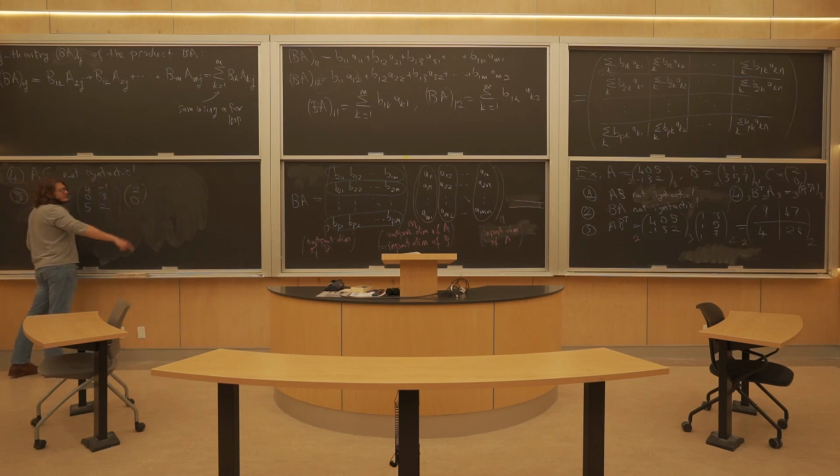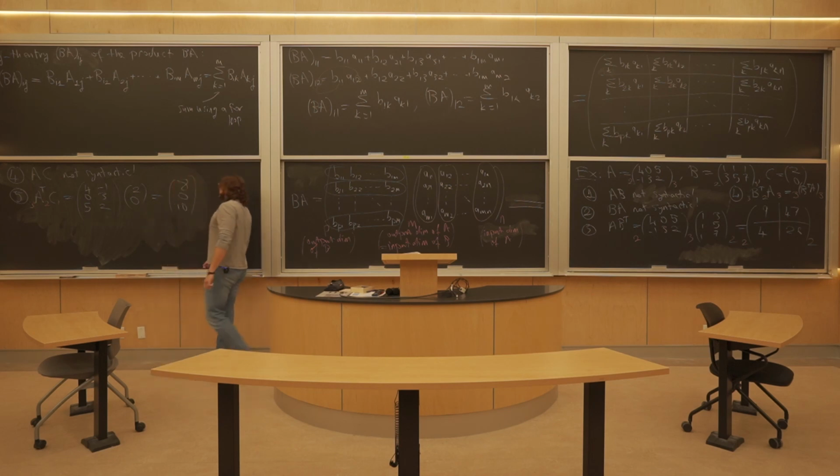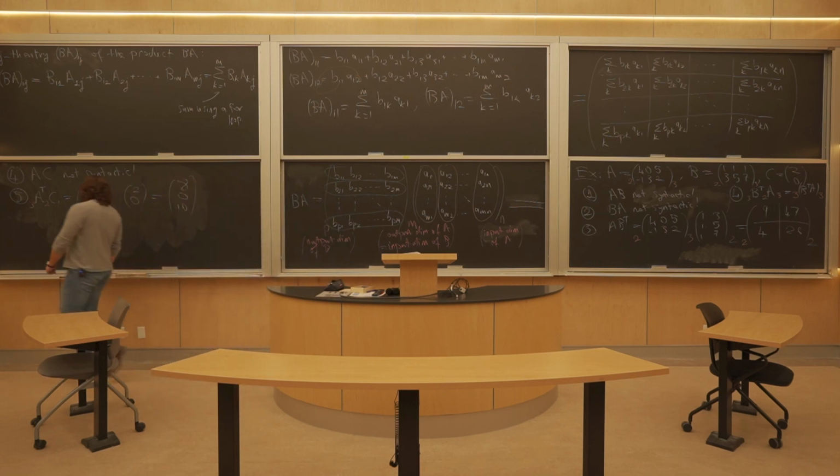If multiplying a matrix by 1, 0 gives me the first column, surely multiplying it by 2, 0 should give me twice the first column. Another thing I can do, for instance, is look at C squared, that is to say, C times C. But clearly this doesn't work because the inputs and outputs don't match.